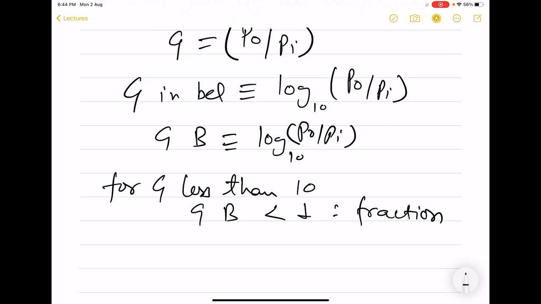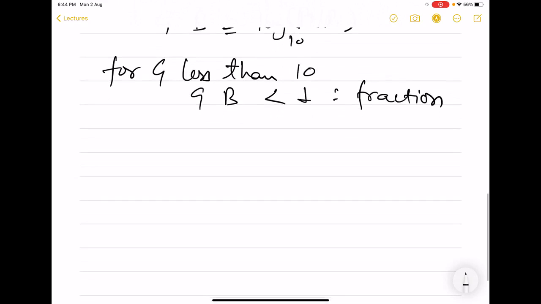There will be many scenarios where this will actually happen. So to avoid dealing with fractional numbers, what is done is that we create a smaller unit compared with the bell. So we go for a smaller bell unit.